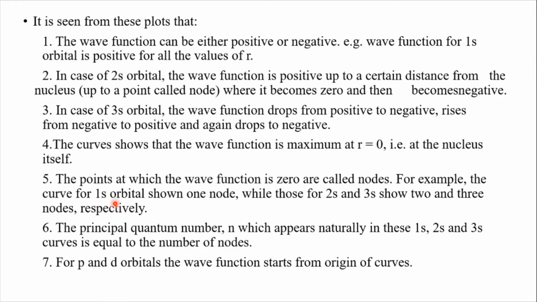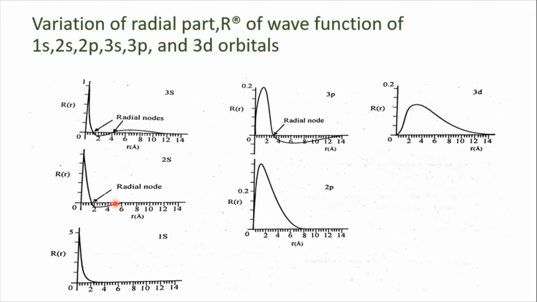In the case of the 3s orbital, the wave function drops from positive to negative, rises from negative to positive and again drops to negative. First it is positive, it goes to 0, it drops to negative, then from negative to 0, again to positive and again it comes to 0. So that means it has two radial nodes.